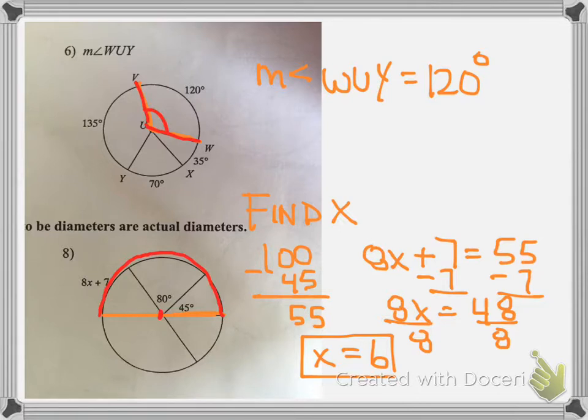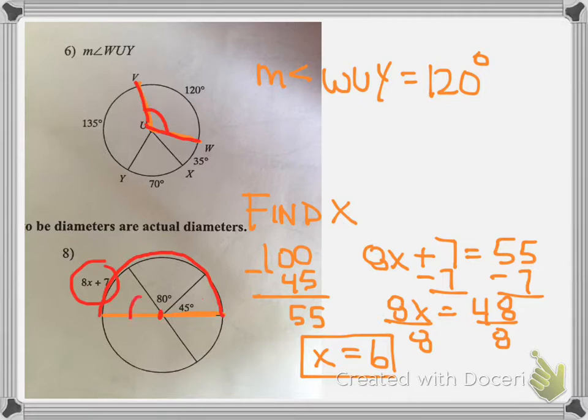So to figure out x, this is where 8x plus 7 is what that says, I would use my diameter. So if this is 180, then I subtract 80 and get 100 degrees. So these two angles have to add up to 100 degrees. So I took 100 and subtracted 45.